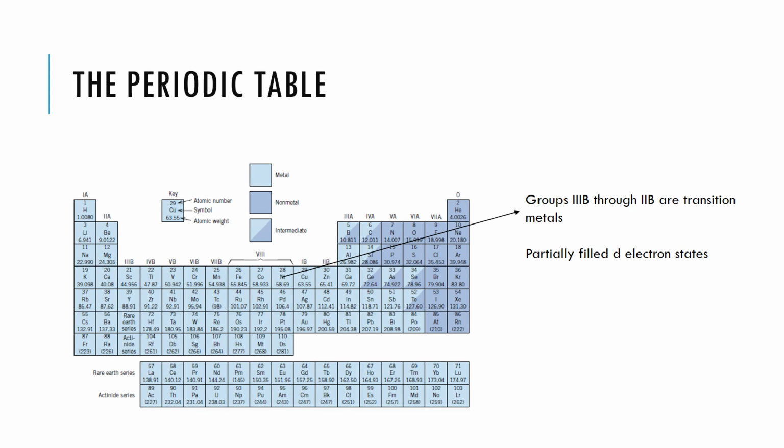And similarly, the group in the middle, so on this particular notation, group 3b through to group 2b, are called the transition metals. And they're called so because they have partially filled d orbitals. And because they have partially filled d orbitals, they show some very interesting properties, both in solution but also in the solid state, because those electrons can very freely move around those d orbitals and be promoted and recruited back down from various energy levels.